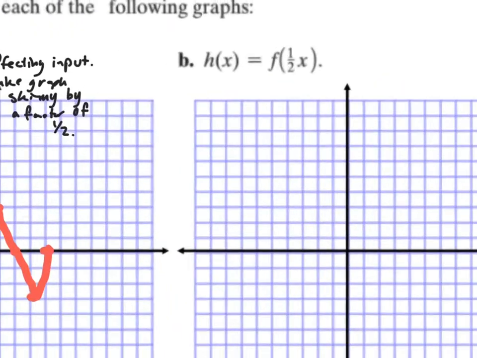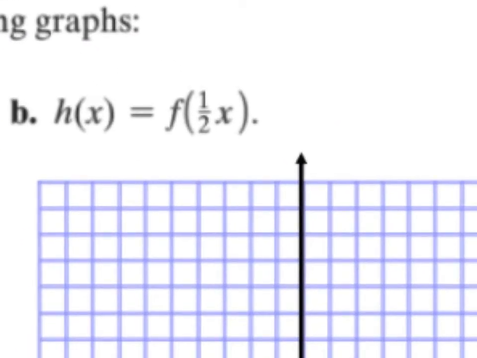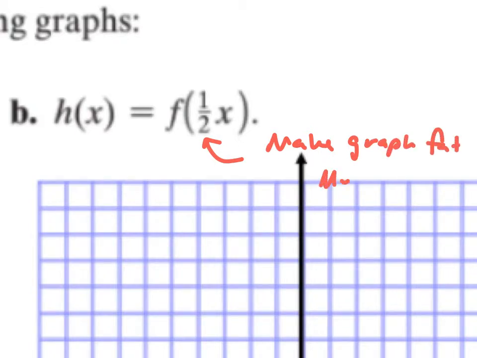Now here, h of x is equal to f of 1/2 x. This 1/2 is going to make the graph fat, so we're going to multiply each x by 2.